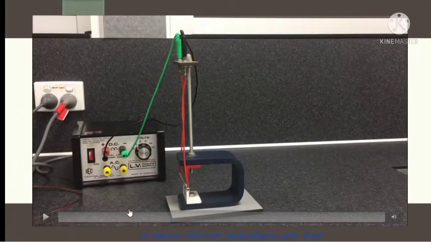Look at this one. This is also the same situation, but now the wire is connected to a connecting wire and hung so that it will swing. Observe what happens to the wire when the switch is on and when the terminal of the battery is reversed.